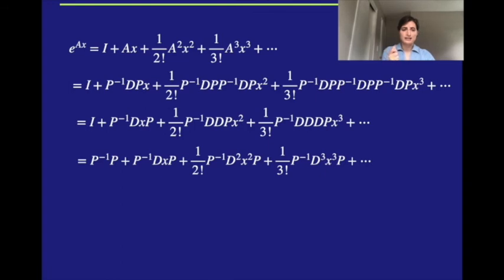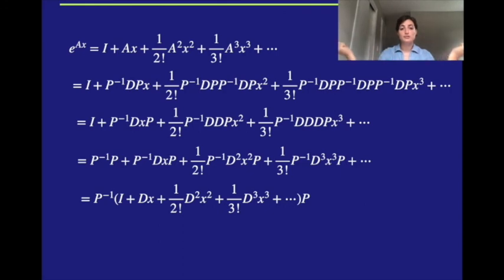In this case, x is a scalar value, so we can shift it in the multiplications and put it wherever we want. So in this case, first we see that the identity matrix is P^-1 times P, and then we have the situation in which all the terms in our infinite sum are always enclosed by P^-1 at the beginning and P at the end.